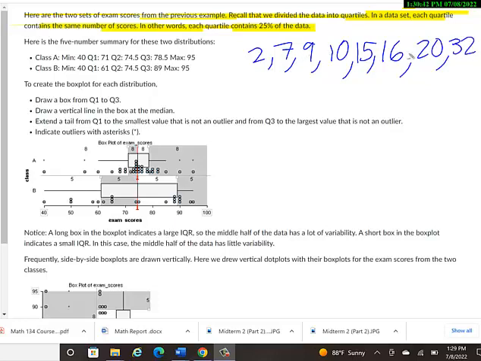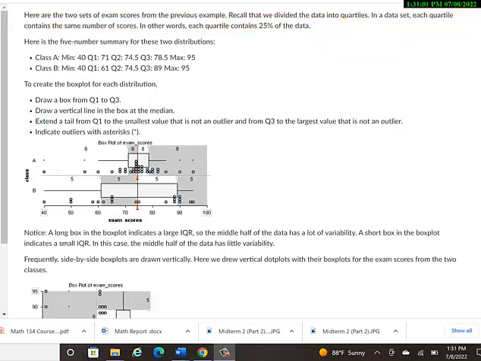If someone said, okay, I want you to do a box plot of these numbers, and they signify something in real life maybe, all you would do is, they're from smallest to largest, 2, 7, 9, 10, on and on. So then you just say, okay, how many values are there? There are 8 values.